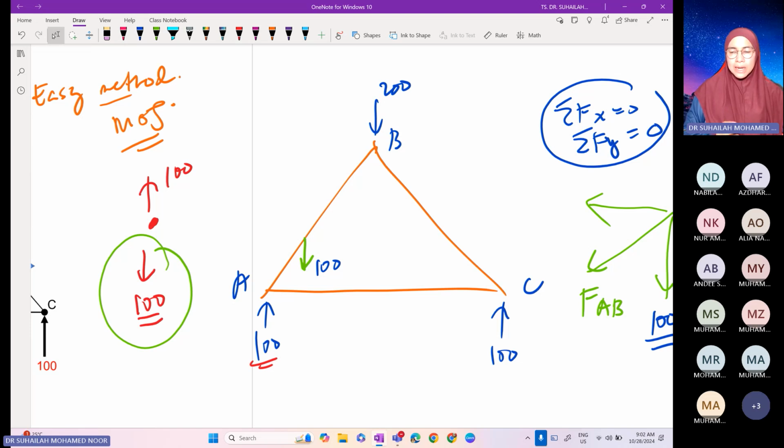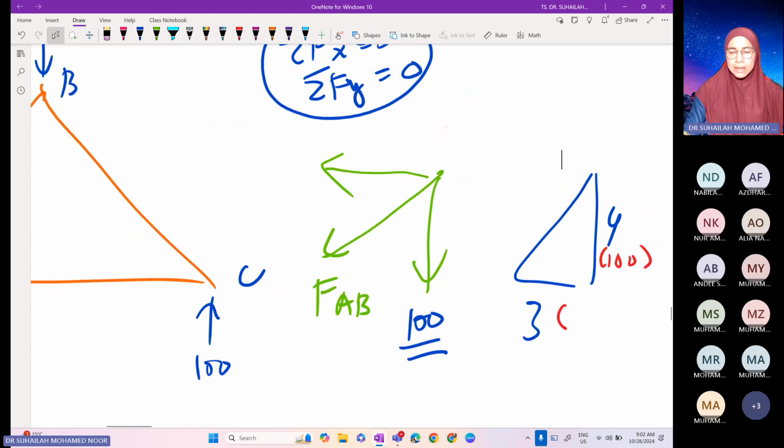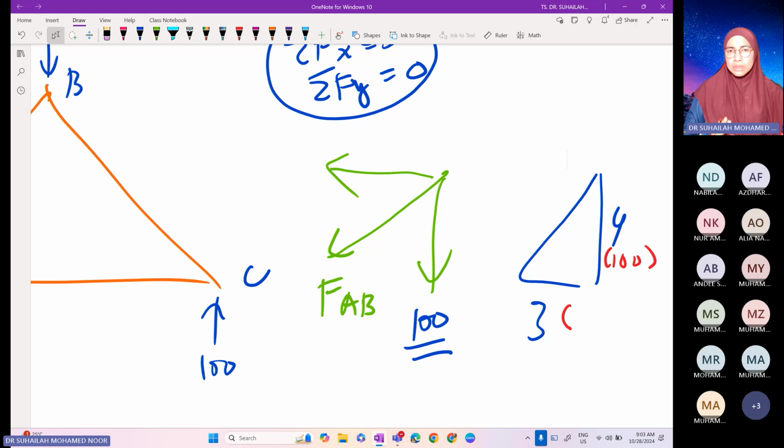So bila kita dapat yang ni 100, okay, ikut konsep vektor, FAB tu is actually the resultant force. Resultant force means kita akan resolve in X and Y. Yang dulu kita buat sign ikut degree tu kan. Now tak, kita terus pakai trigonometry.